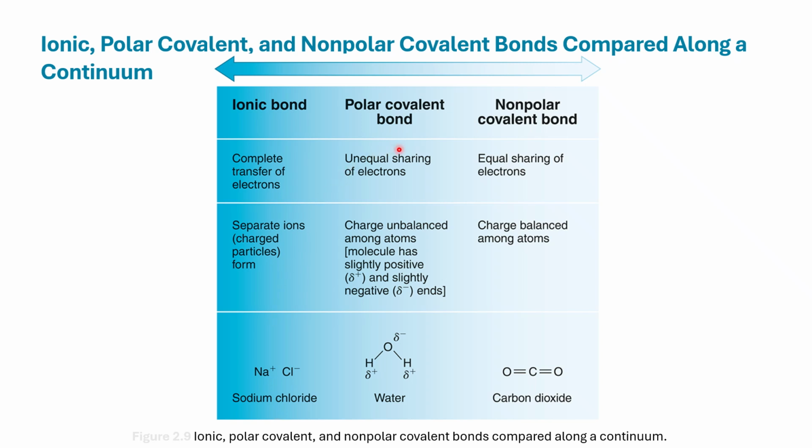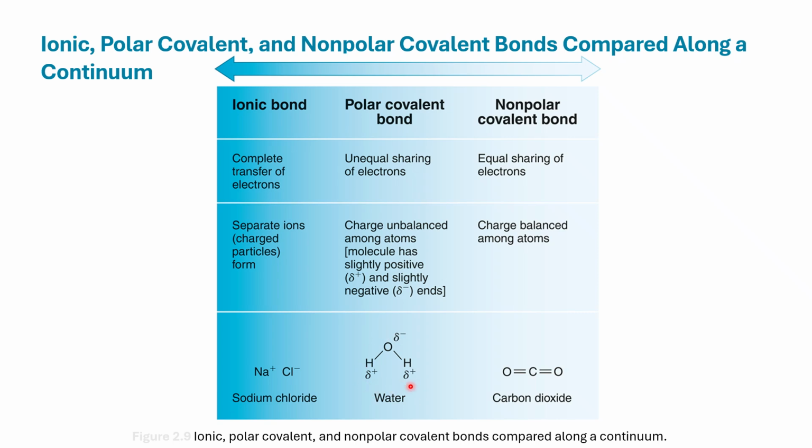Polar covalent bonds is unequal sharing of electrons. So the charge is unbalanced among the atoms. The molecule has a slightly positive charge and a slightly negative charge. As in water, the upside down V, where it's kind of negative over here, it's more positive over here.